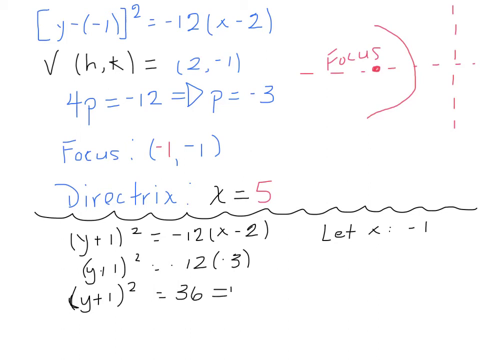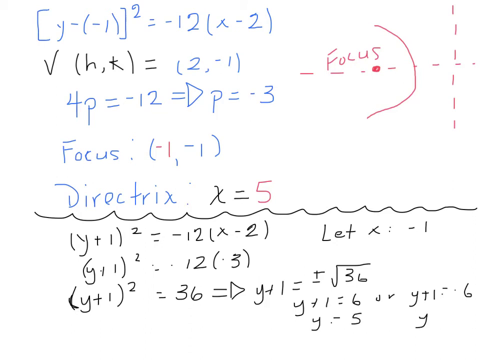So now when I solve this, I have y + 1 equals plus or minus the square root of 36, which means y + 1 is going to equal 6, or y + 1 will equal -6. In the case of the left-hand side, I'll have that y equals 5, and on the right-hand side, I'll have y equals -7. And so that gives me a couple of ordered pairs to work with as I prepare to graph this parabola.